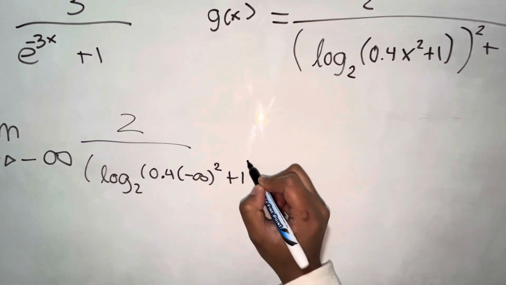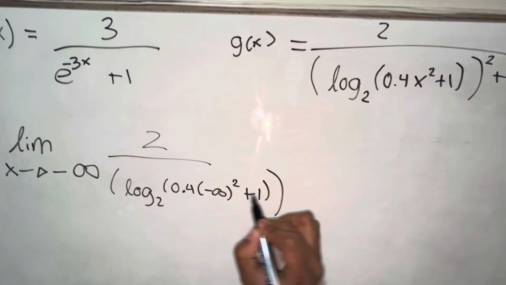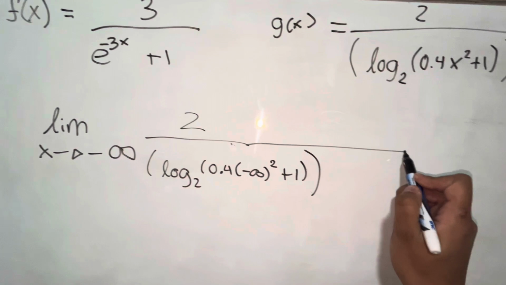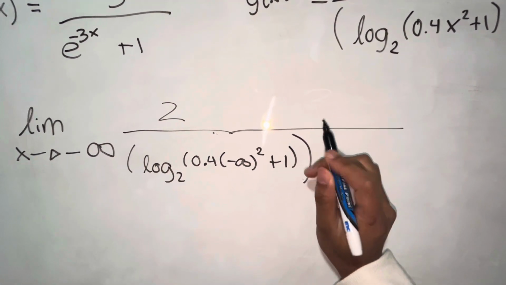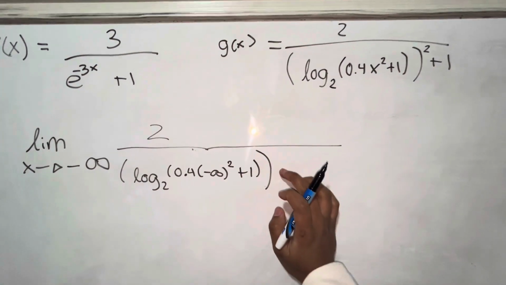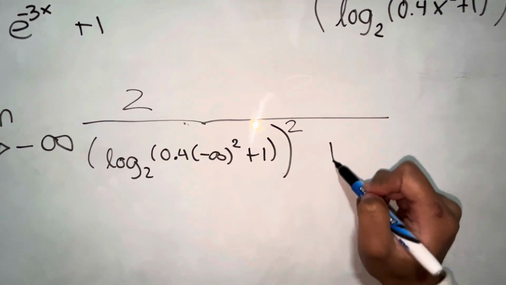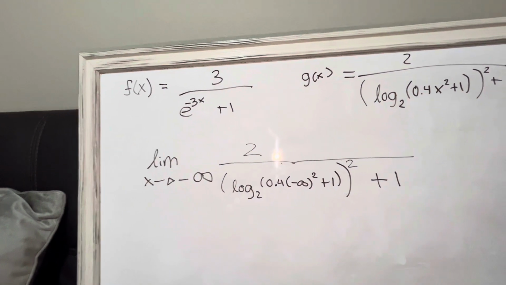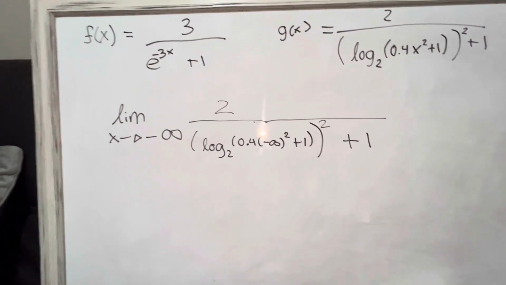And then you're going to do all of that. Sorry, let me put the line a little bigger. And then you're going to put that squared, and then you're going to add 1 to that. So far that is your equation and with the limit.